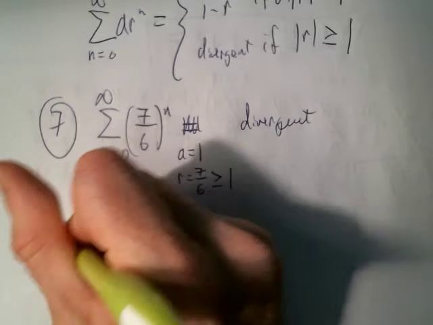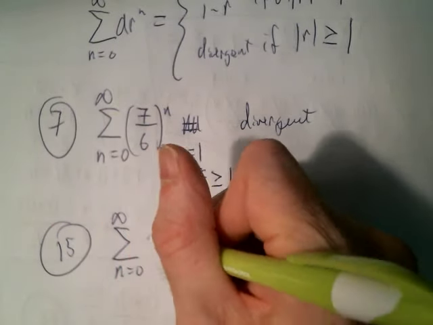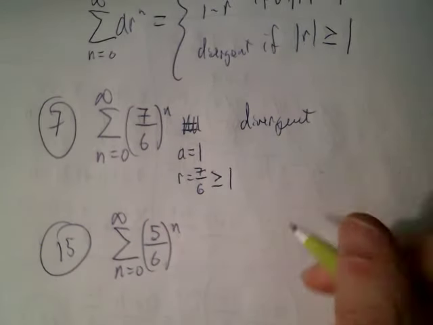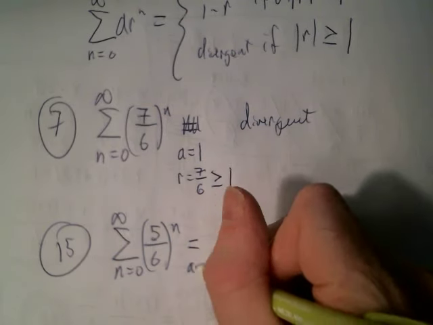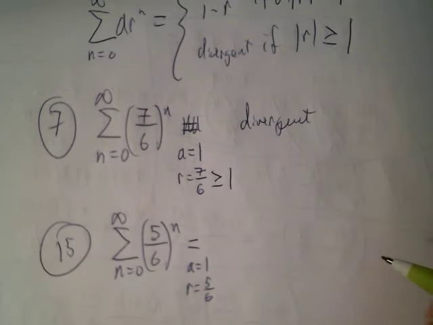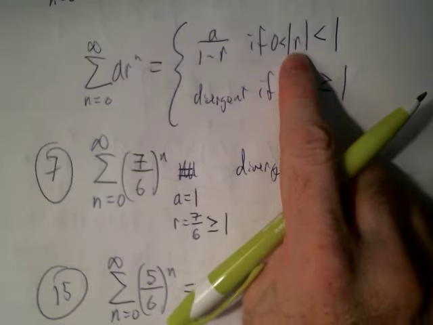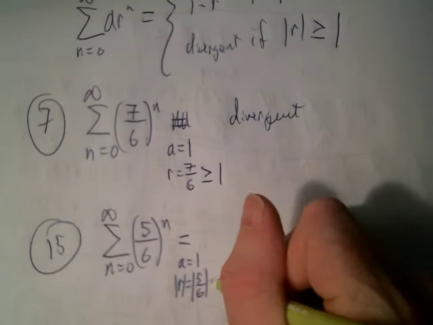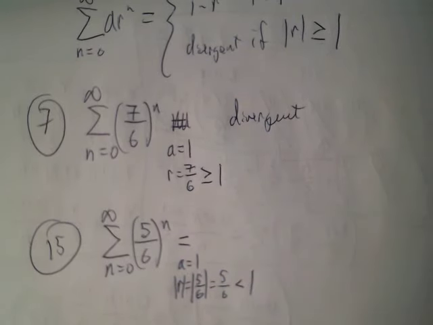Let's look at 15. The sum from n equals 0 to infinity of 5/6 to the n. In this case, again, A is 1 and R is 5/6. So this one works. The absolute value of R is 5/6, which is definitely less than 1 but greater than 0.